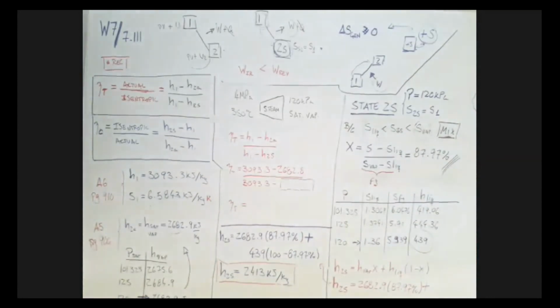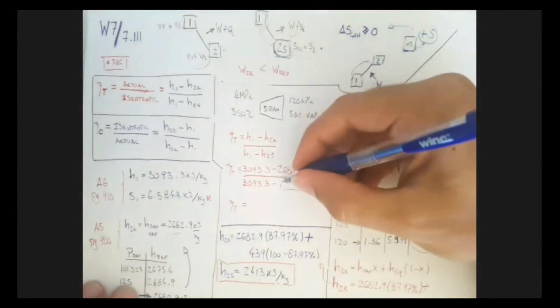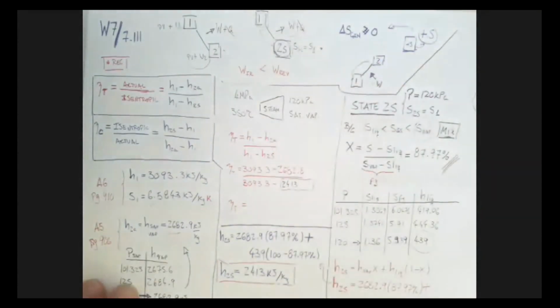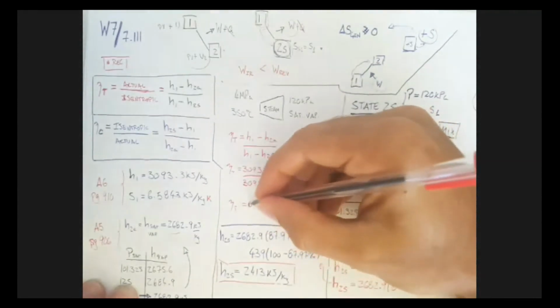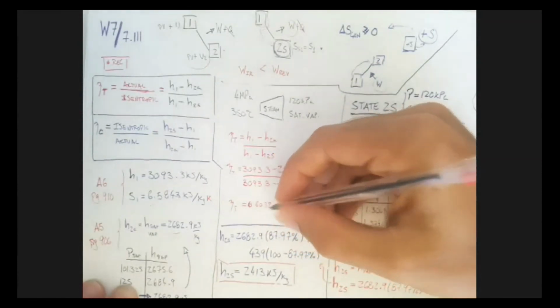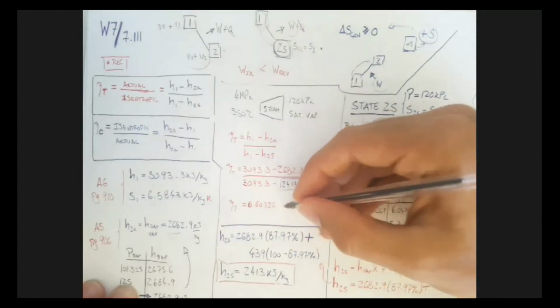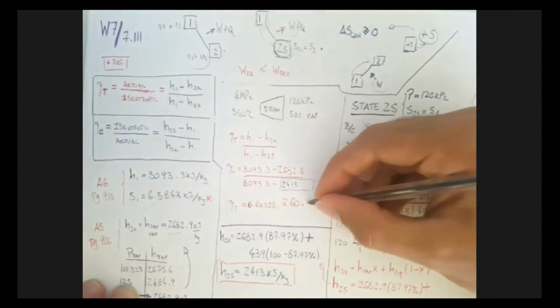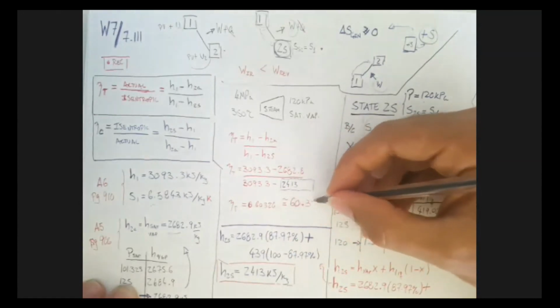And that's the value that we were missing, right? So with this value, we can go ahead and plug it in here. 2413. Solve this math. And this guy is 0.6326, and it goes on. So we can approximate this to 60.3%.